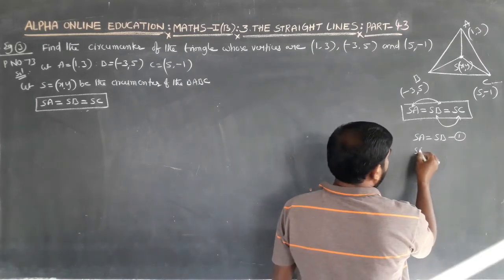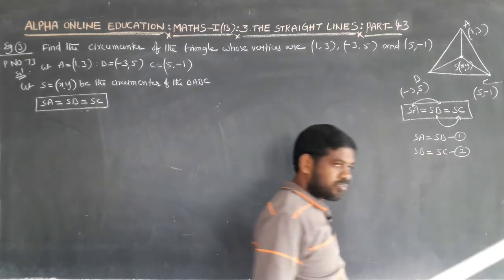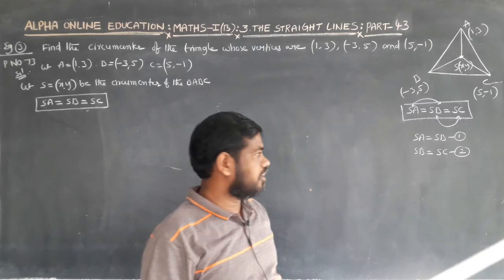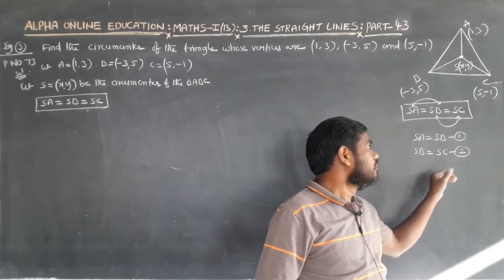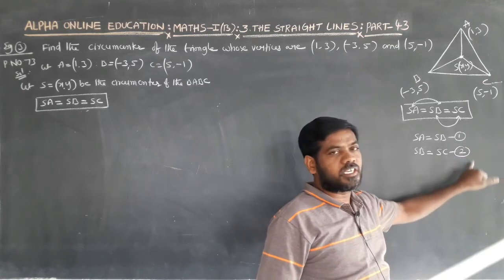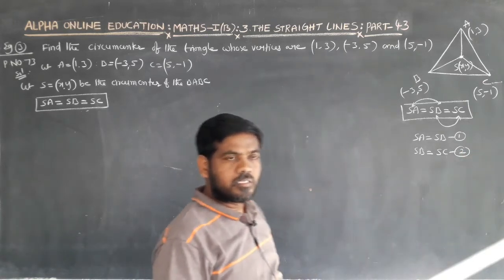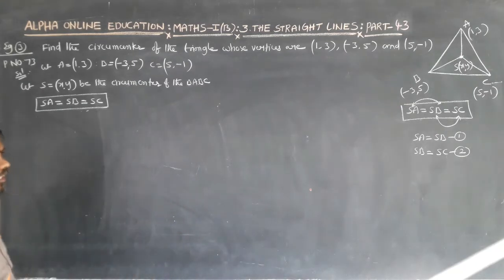Second, equating SB equal to SC, we get another equation in x and y. Solving 1 and 2, the point of intersection is the circumcenter of the triangle.